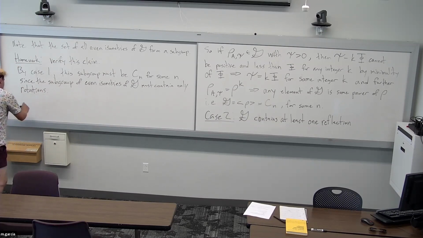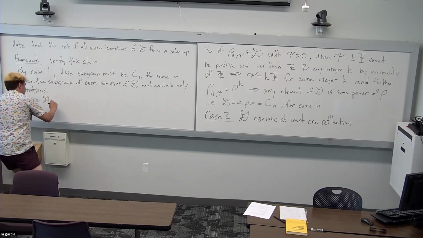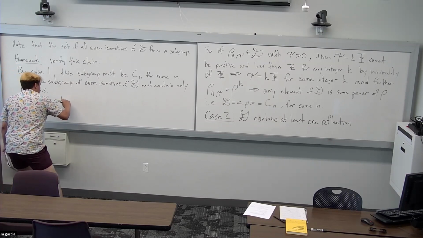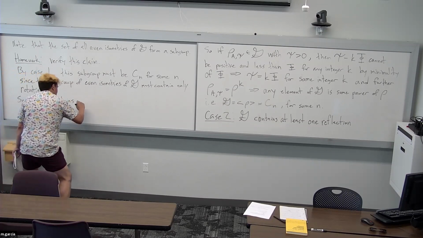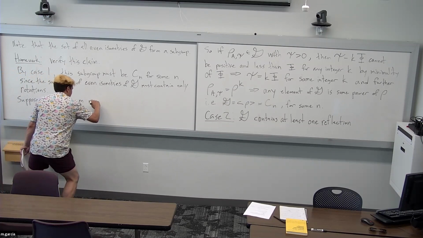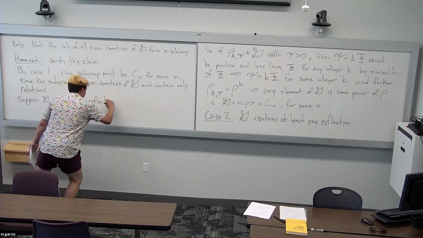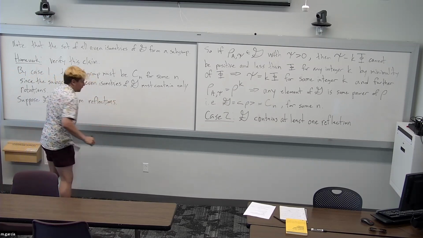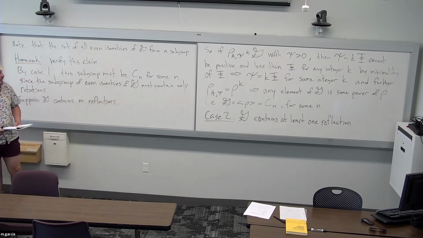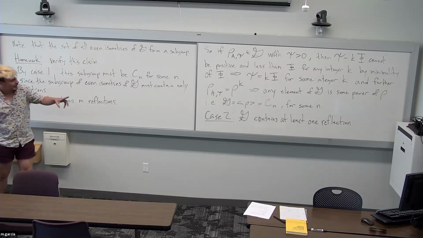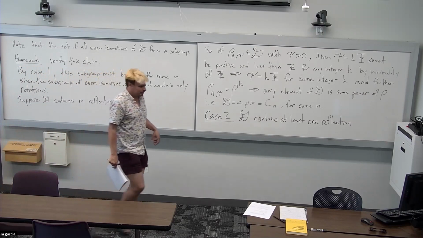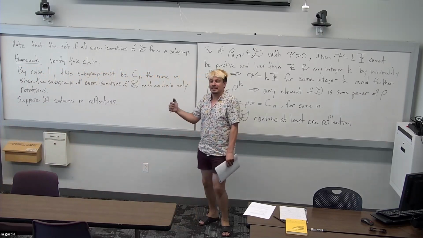So now, let's suppose G contains m reflections. Okay, so we're assuming that G contains at least one. And now we're assuming that it contains m.